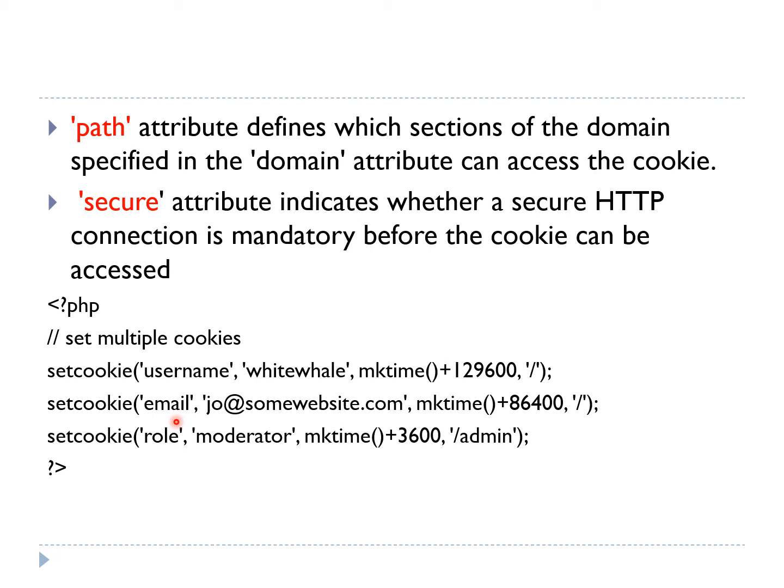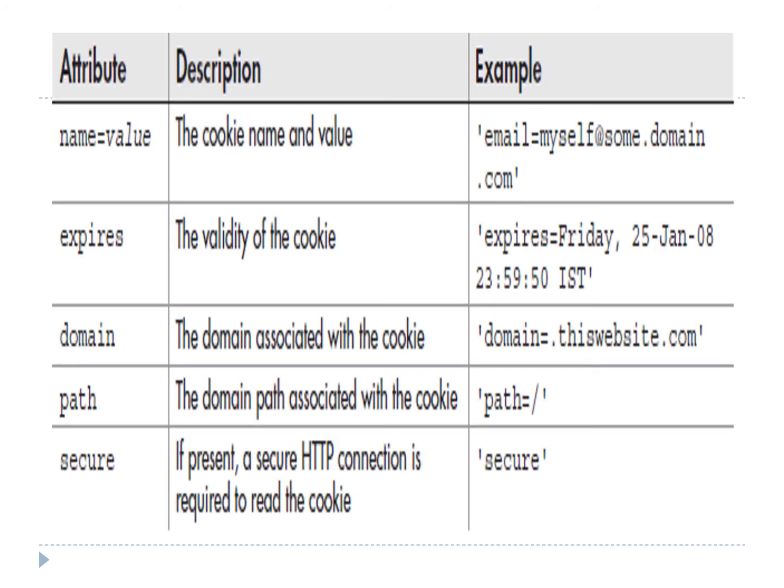All three cookies have different expiry dates, and the first two are associated with the current web page, and the third one is related to the admin web page. So these are some of the attributes associated with the setcookie function, with a description and example.